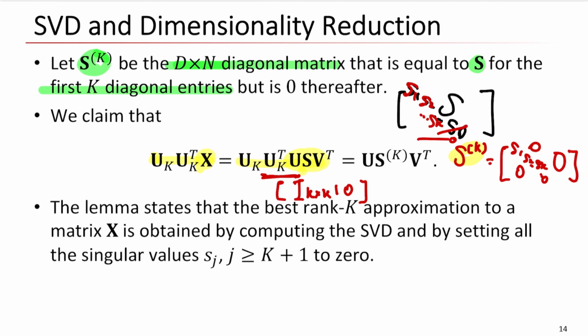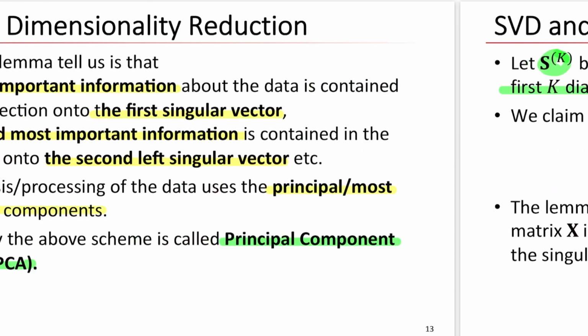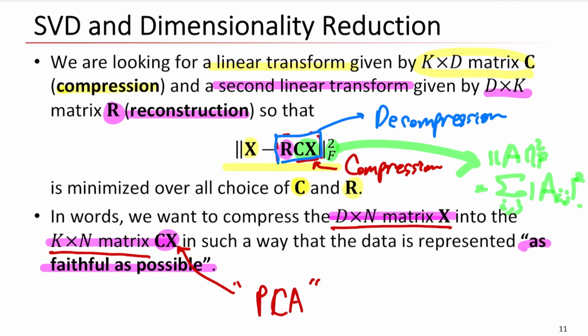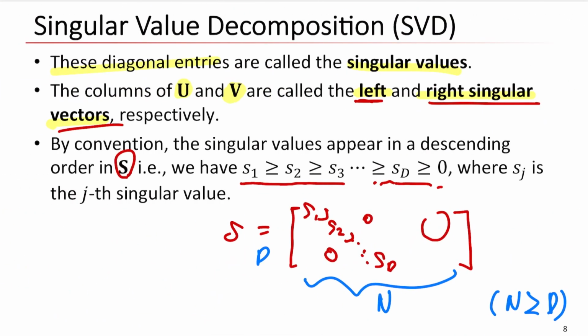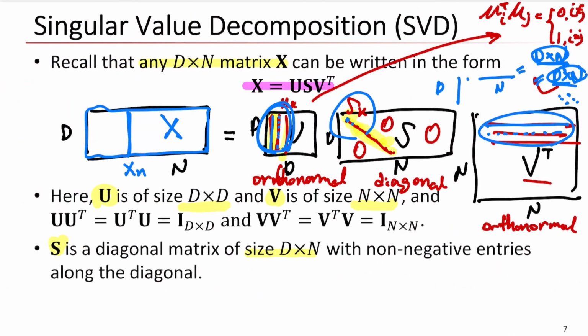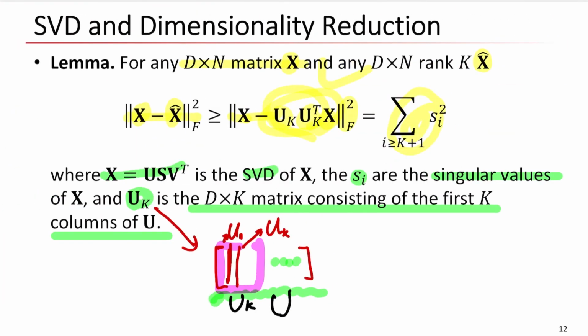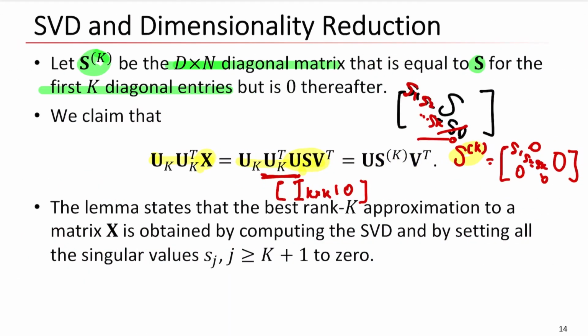If you remember, the matrix U is also orthonormal. Then you can easily derive this one. Anyway, then we can represent this one as U Sk V transpose.